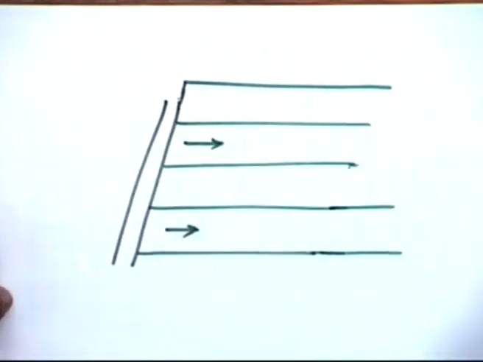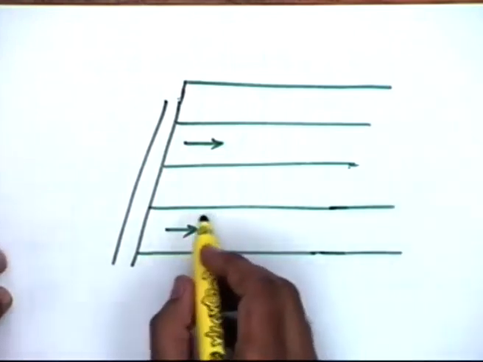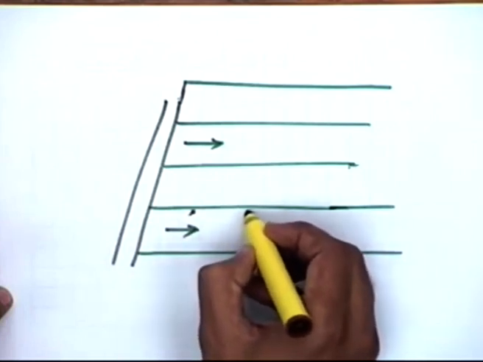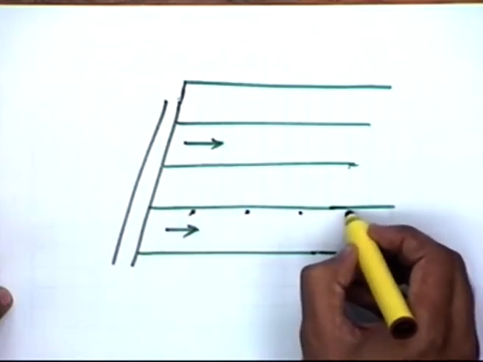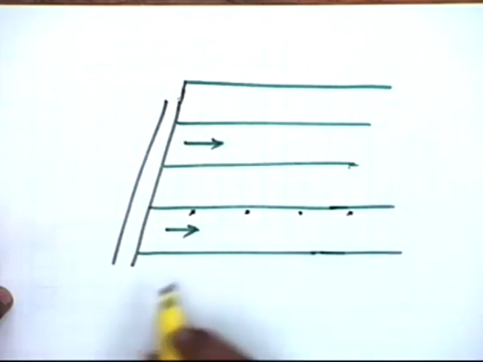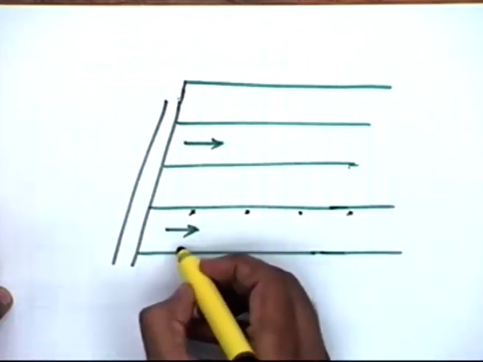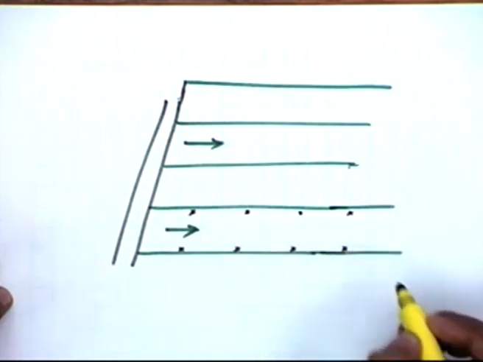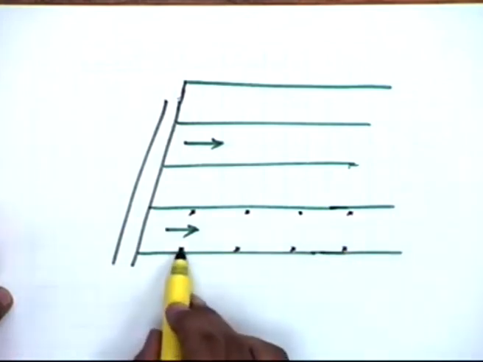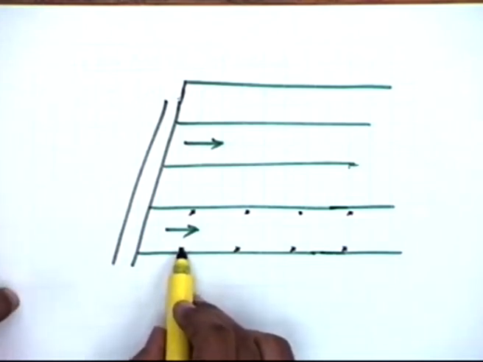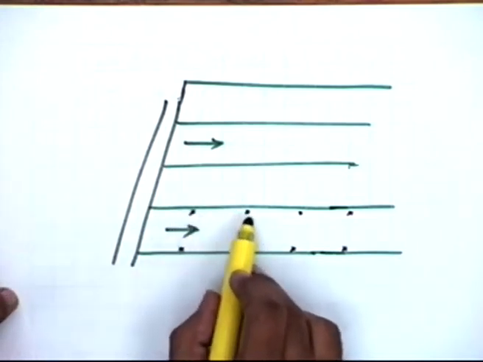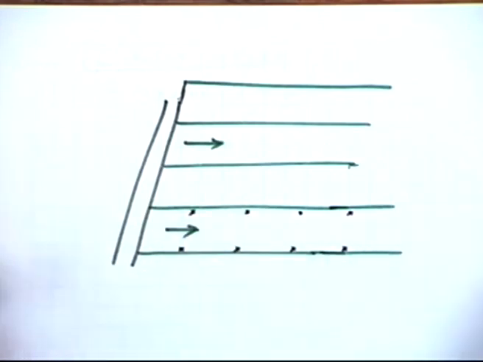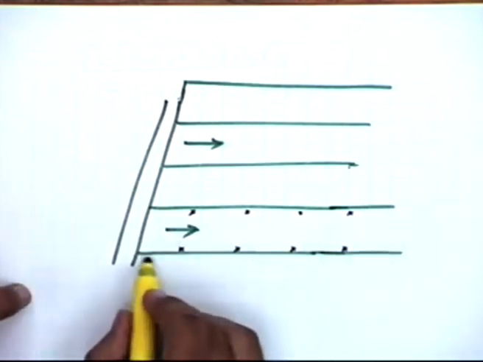If this is the border strip, you will require some stations to be installed all along the length of the border, and maybe on both the sides. And these pegs or the stakes have to be installed, marking that these are the stations at which the observations will be made.